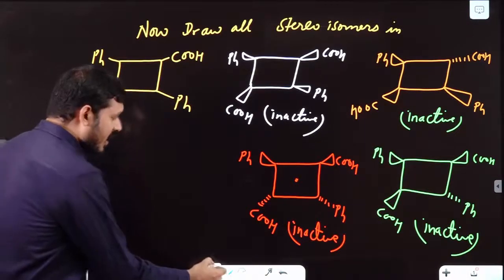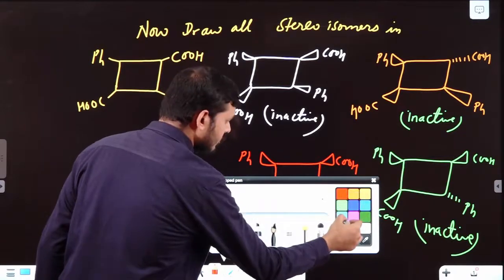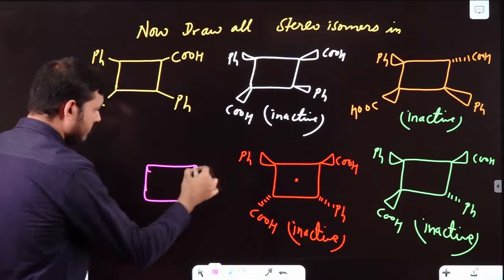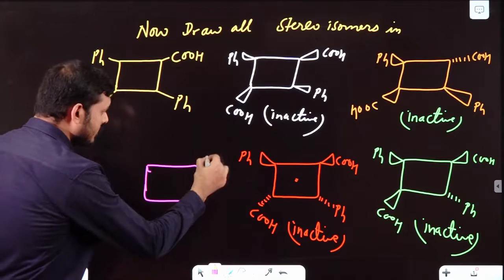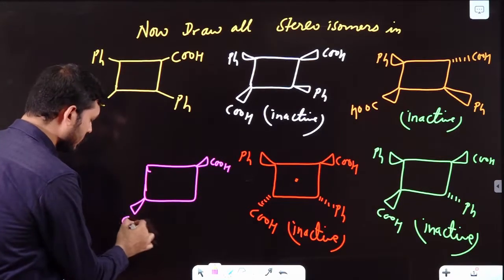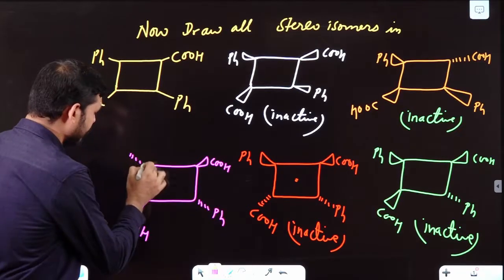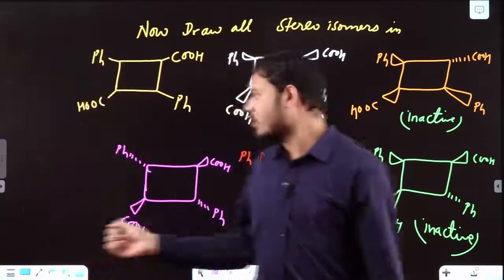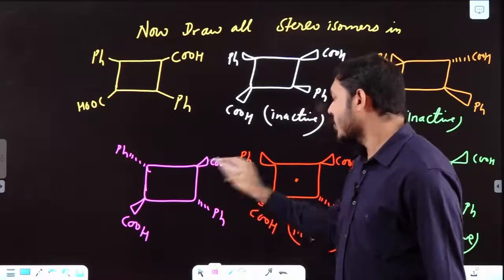Now let me take another case. 1 2 on same side, now 1 3 on same side. Now students, you can see in this one also you take either the plane containing OH OH or COOH COOH.